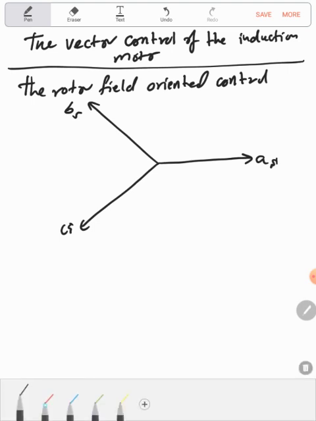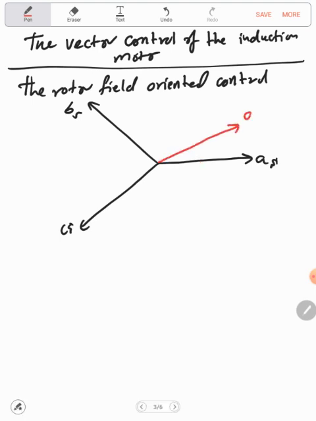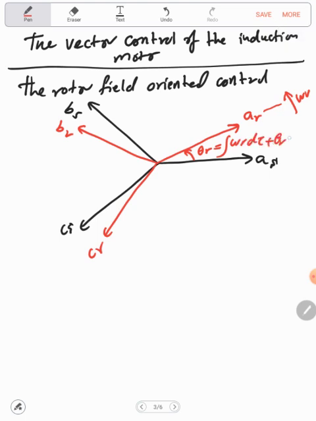And simply let's assume that here we have the AR, here we have the BR, and here we have the CR. Those are the axes for the rotor that's rotated by omega r. So this angle is theta r, which is equal to the integration of omega r d tau plus theta r of 0.